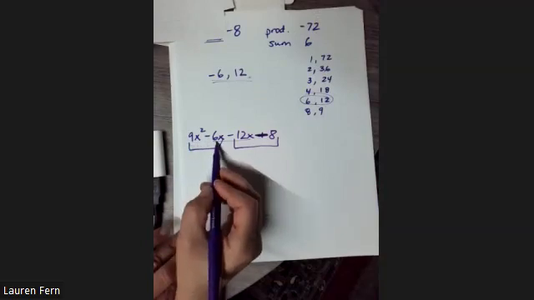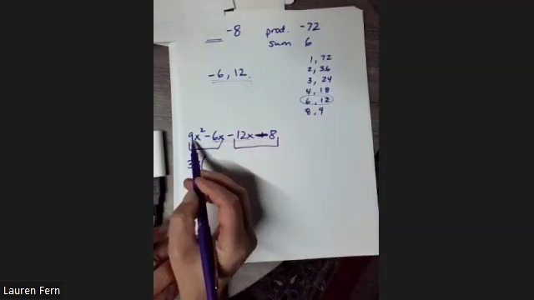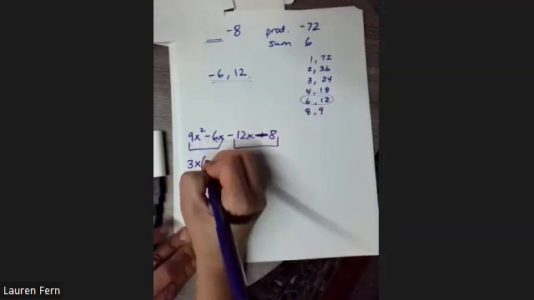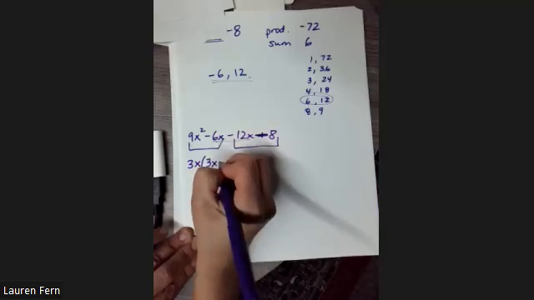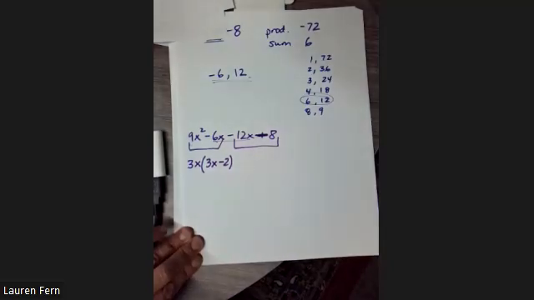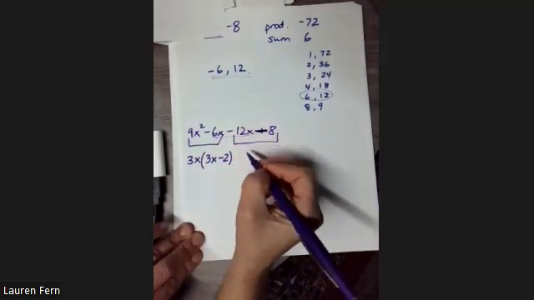What can I pull out of these terms? Well, they have a 3 and an x in common. And if I pull a 3x out of my first term, I'm left with a 3x and then a -2. Again, you're just dividing each of these by 3x.